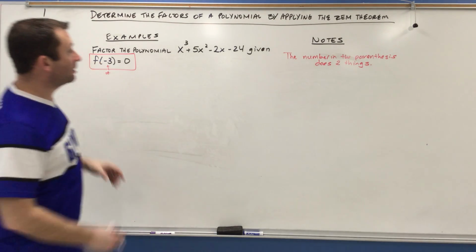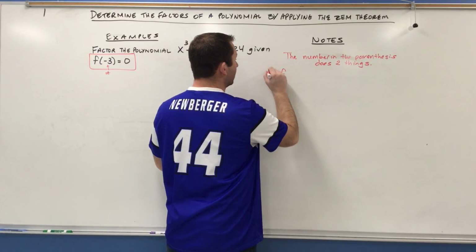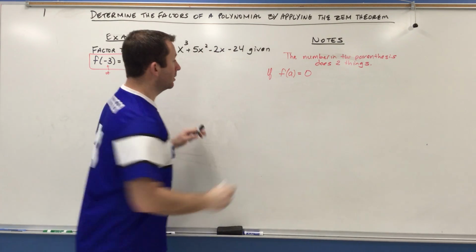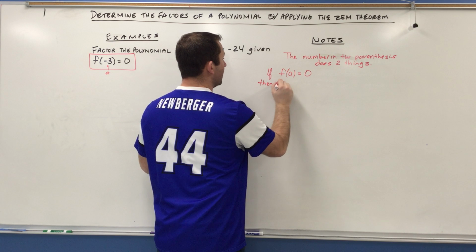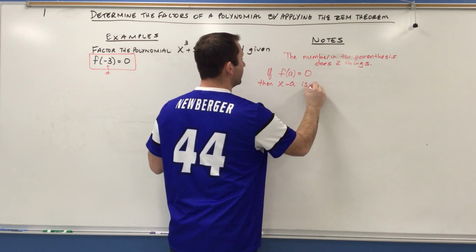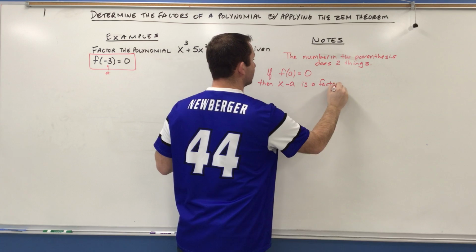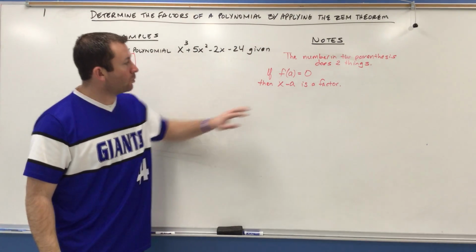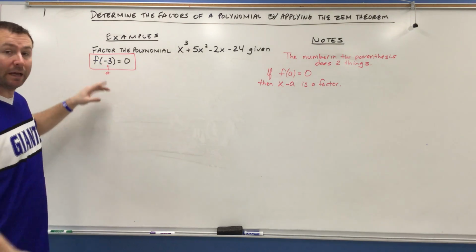If f of -3, so if f of any number is 0, okay, then x minus a is a factor. Okay? And since there's a minus a here, we're always going to take the opposite of this guy for our factor.